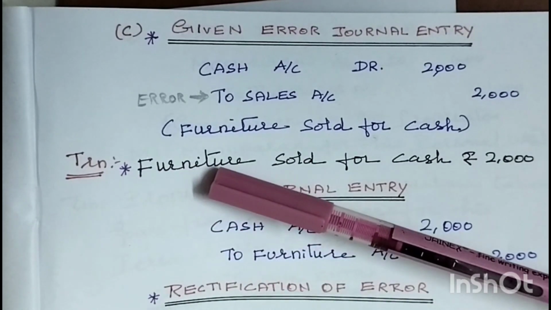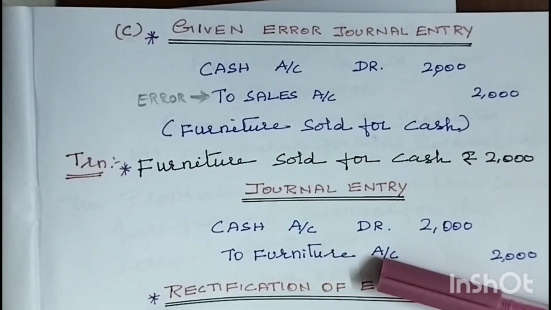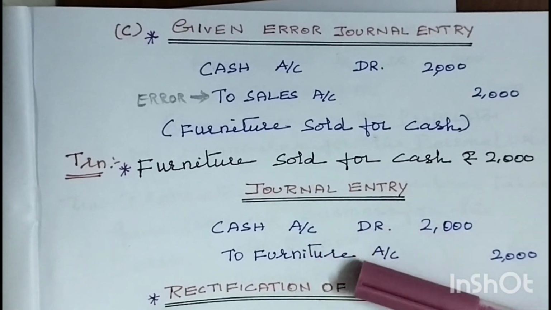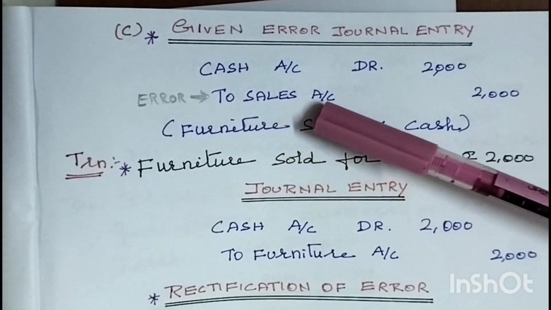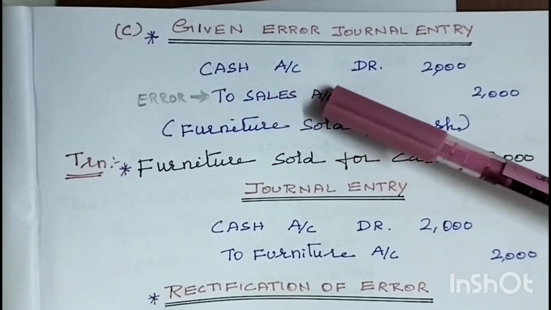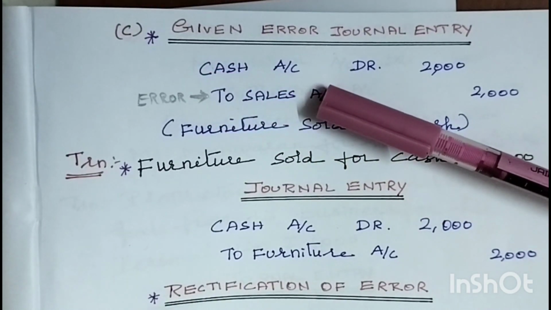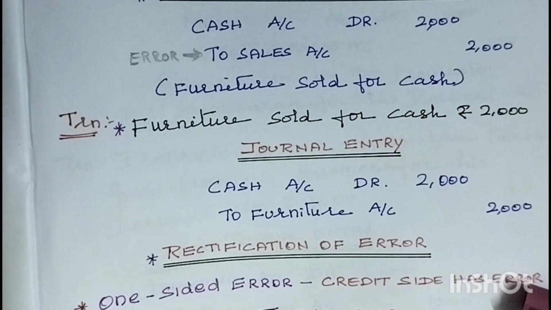Furniture is the name of the asset. So you enter the asset name on the credit side. This one is the correct entry, and sales account credited is the wrong entry. This is the error. We found the error on the credit side.